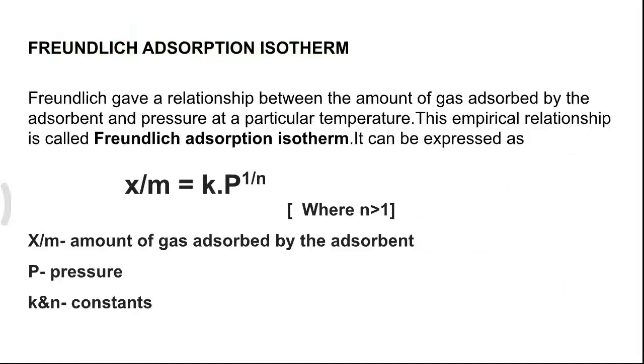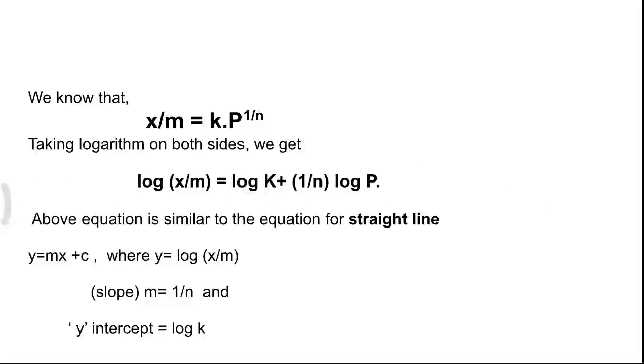x by m is the amount of gas adsorbed by the adsorbent, p is the pressure, k and n are the constants. The empirical relationship for Freundlich adsorption isotherm is given by x by m is equal to k into p to the power 1 by n.